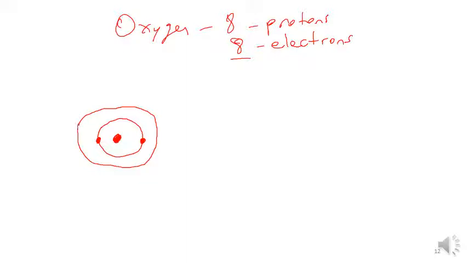Okay, my circles are not very good. But now in the next circle, we have to have 6 to get to 8. And so I'm just going to put some here, 1, 2, 3, 4, 5, 6. And so here in the outermost shell of oxygen, which is called the valence shell, it has 6 electrons, but 8 electrons total.